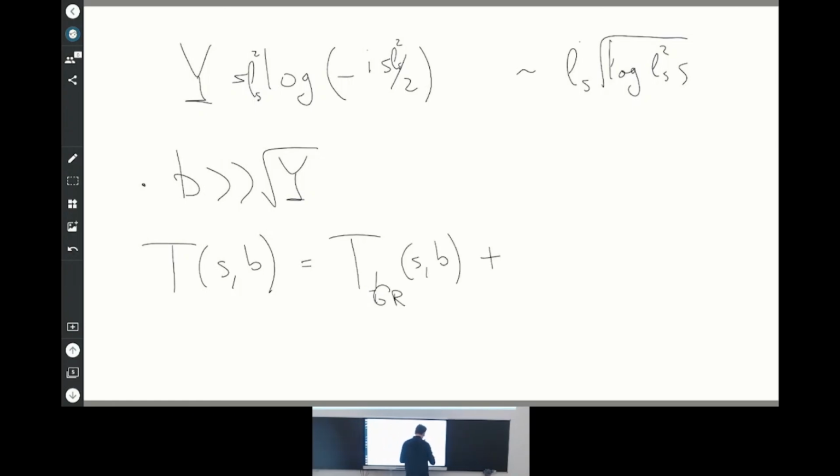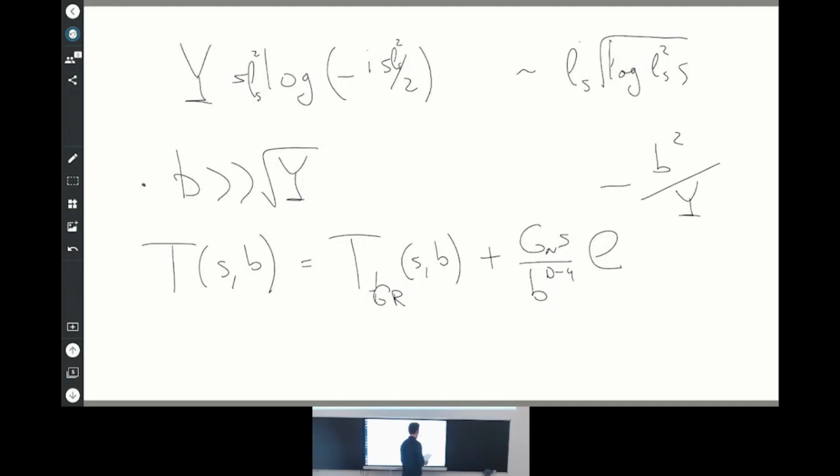Plus, you have corrections. The interesting thing is that the amplitude develops a non-trivial imaginary part, and the imaginary part is exponentially suppressed, so ignore the exact factor, but the important point is that you have minus b squared divided by y.